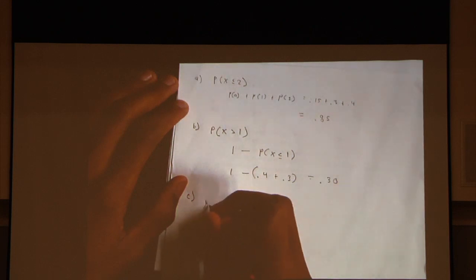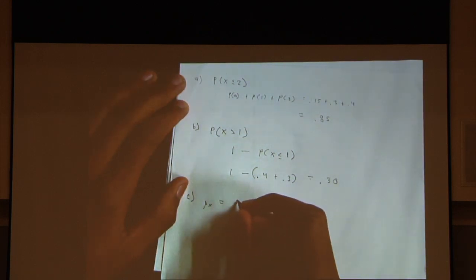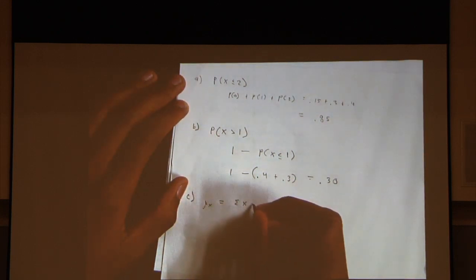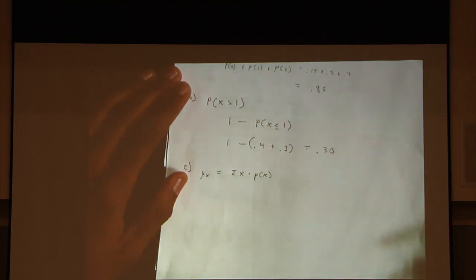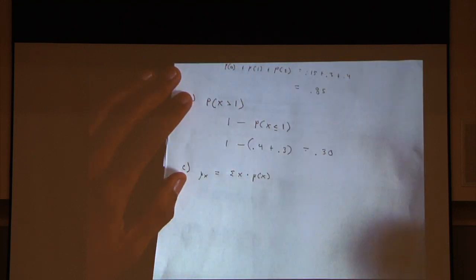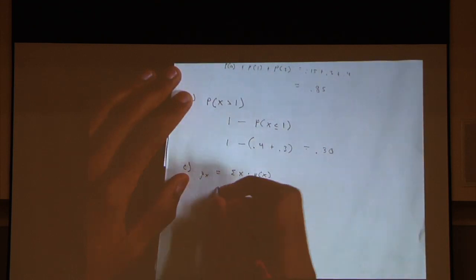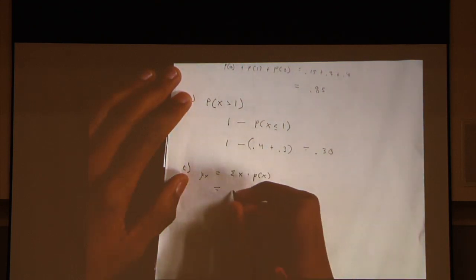So here, for the mean, if you remember, it's the sum of each data point multiplied by its respective probability, the probability of it occurring.